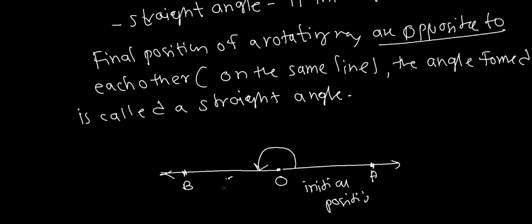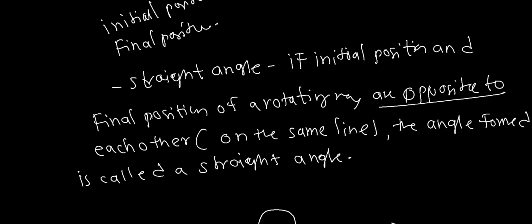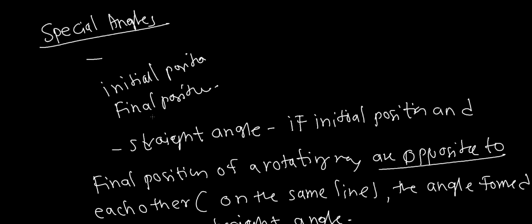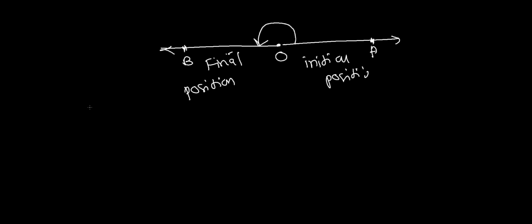So initial position is opposite to final position on a straight line, so it is a straight angle. And here we have denoted angle AOB equals straight angle.